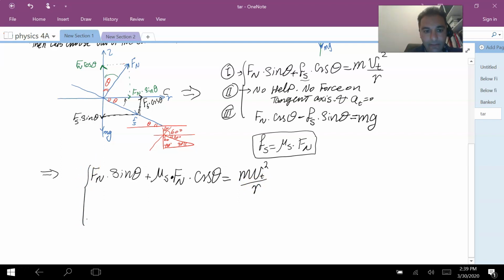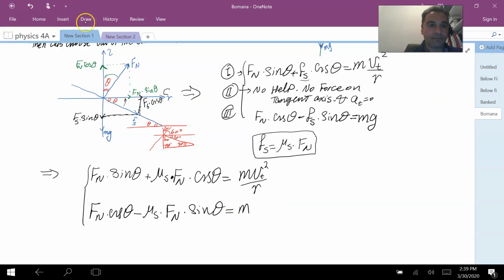In the same way, from number 3, I can get Fn cosine theta minus, what is Fs, guys? Mu s Fn sine theta equal just mg. So far good? Yeah.